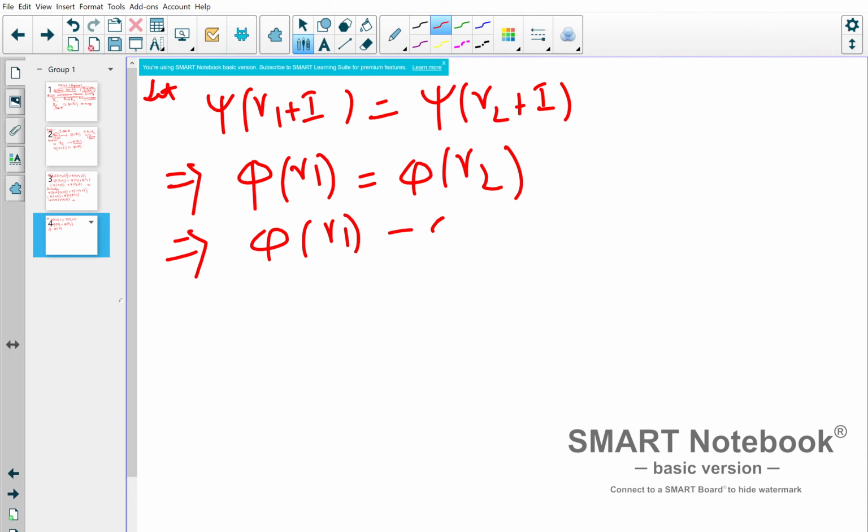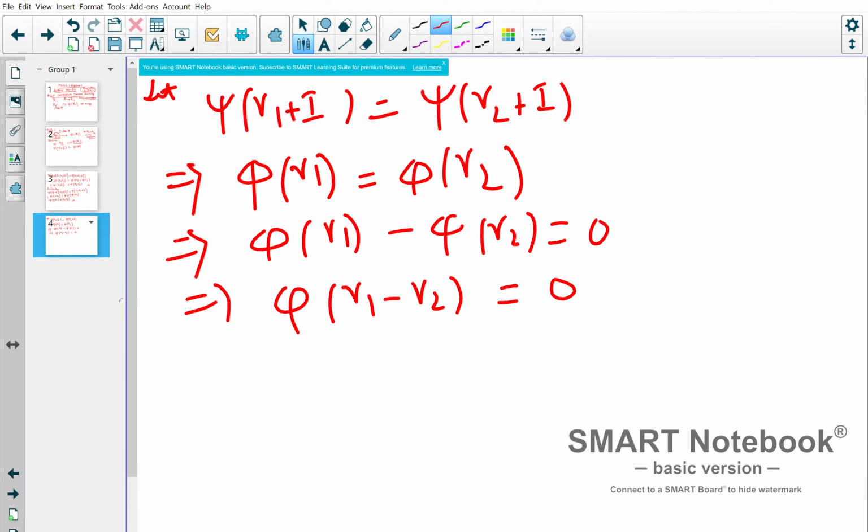Okay, so this I can write down: phi of R1 minus R2 equal to 0. Yes, and that gives me phi of R1 minus R2 equal to 0, right? So what does that mean? That means R1 minus R2 is an element of the kernel of phi, which is equal to I. Okay, so this is much easier. So the difference of these two elements is inside this, and what does that mean?